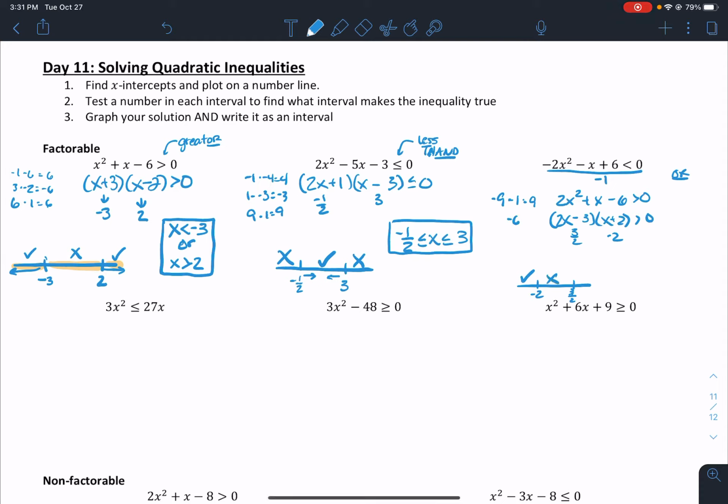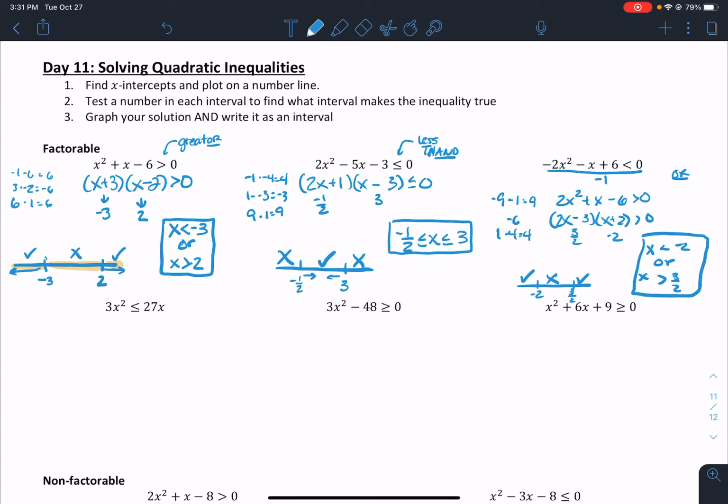It won't work in there. And then 3 halves, so I'll test 2. 2 times 2 is 4, minus 3 is 1. 2 plus 2 is 4, which is greater than 0. So x is less than -2, or x is greater than 3 halves.